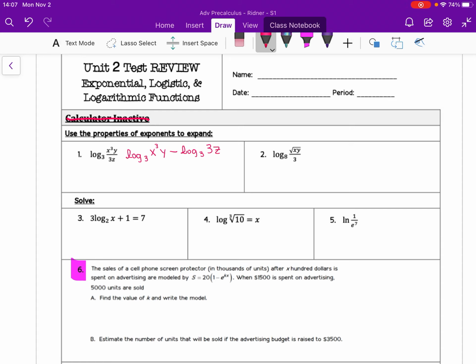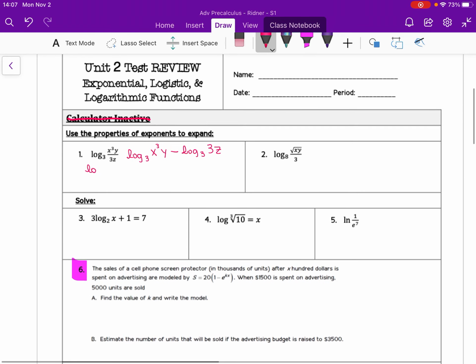So then we could split the x cubed and the y up because they're multiplication. So we split them with a plus sign. We can split the 3 and the z up with a plus sign as well.